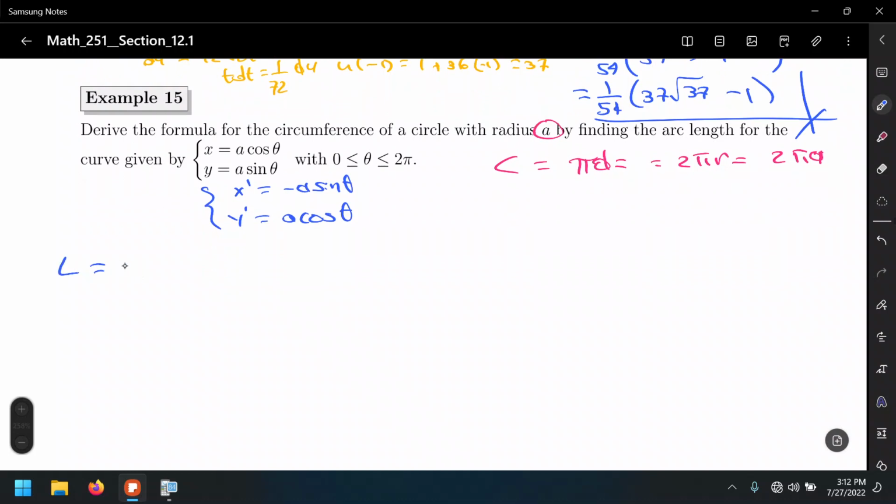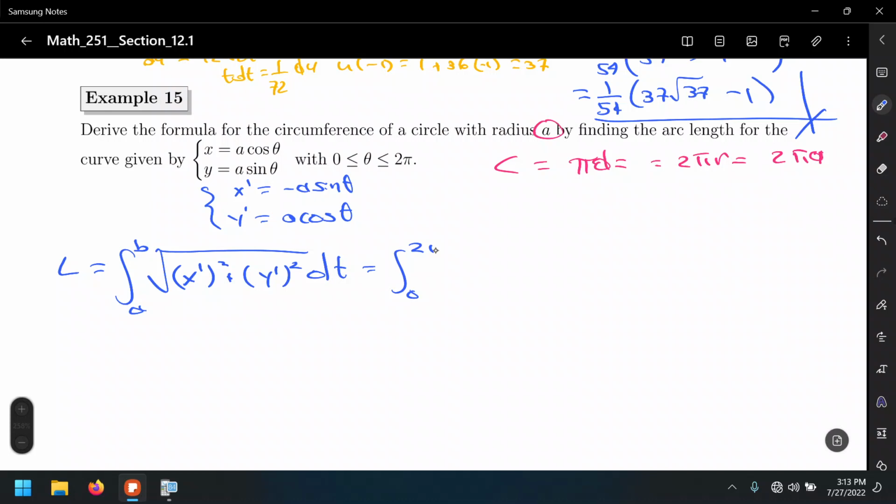The arc length will be L equals the integral from a to b first, the square root of x prime squared plus y prime squared with respect, well, in this case originally with respect to t, but in this case, well, we have theta, it doesn't matter, just change the variable.